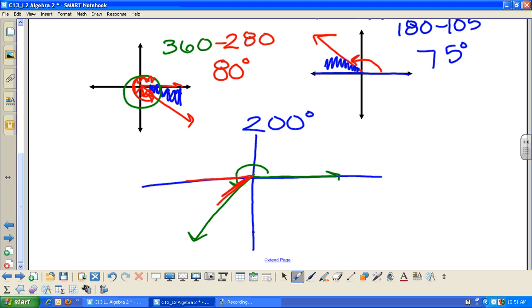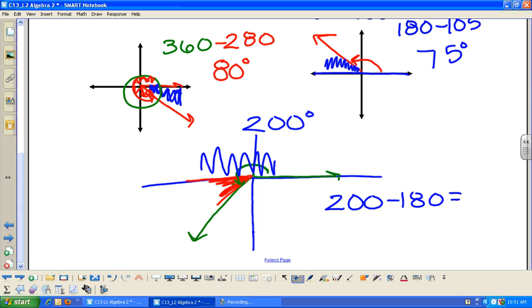I'm looking for this red angle. Now my whole angle here is 200. So I want to get rid of this on top. So that's forming one straight line. So here I'm going to take 200 and subtract 180 to find my reference angle, which would be 20 degrees.